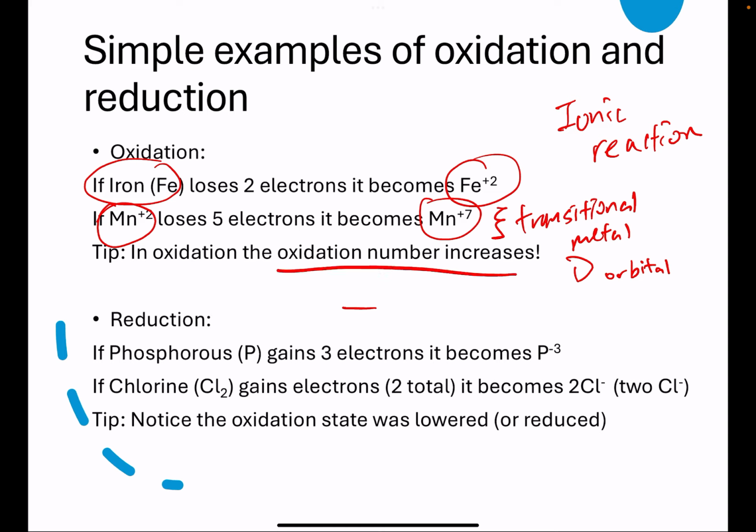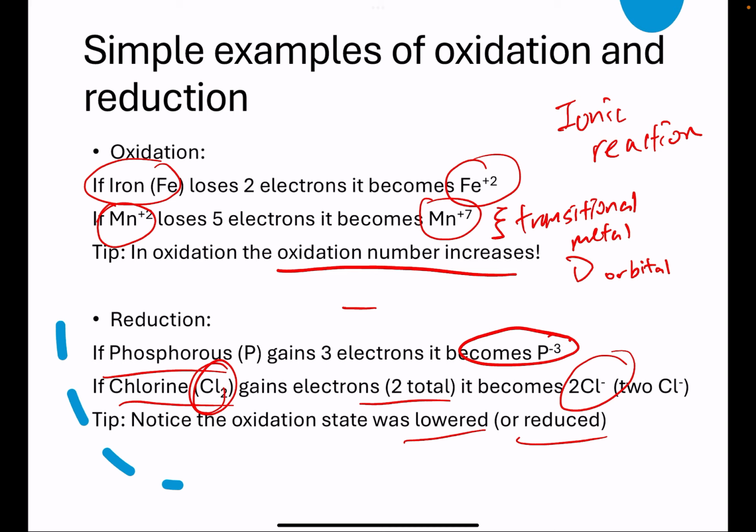In oxidation numbers, phosphorus gains 3 to become P-3, kind of like the charges we talked about. Chlorine will gain 1 to become chloride, because now you have 2 in our natural gas. Now the oxidation state was lowered, or reduced.